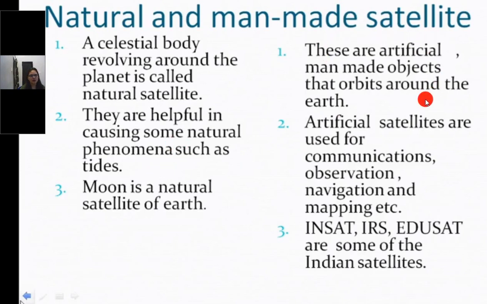When we use Google Maps or call anybody, these satellites help us to communicate and to navigate. INSAT, IRS and EDUSAT are some Indian satellites. Satellites are helpful in communication, observation, navigation and mapping. They are very helpful for us. So both are very helpful. These are called natural satellites and these are man-made satellites.